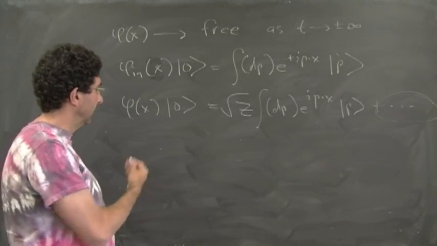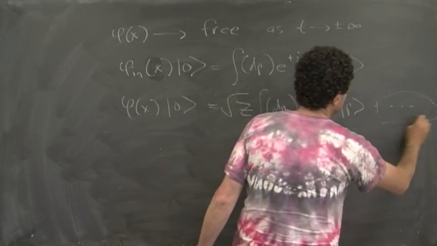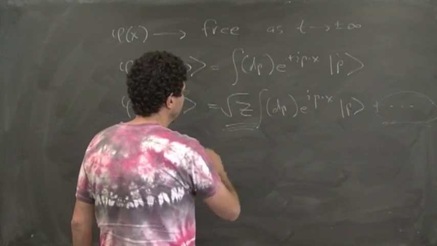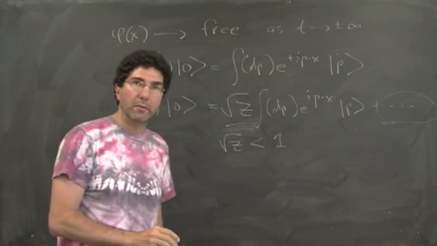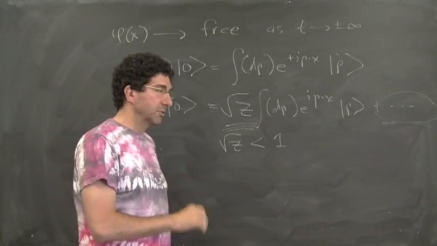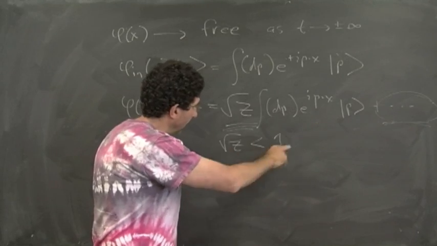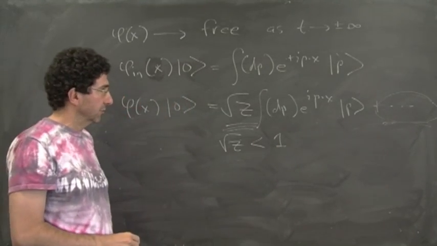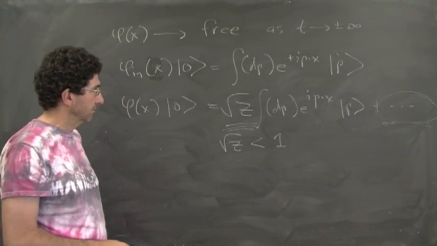That's what makes it an interacting field. And the fact that there are other states here is reflected in the fact that this square root z turns out to be less than 1. You can show, though we're not going to do it this quarter, that this square root z is strictly less than 1 as a consequence of unitarity, essentially.